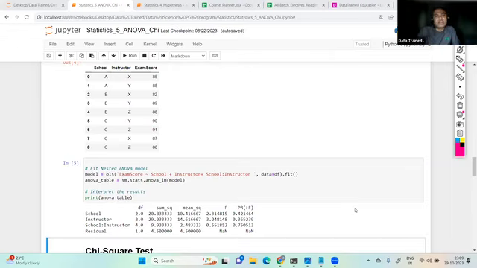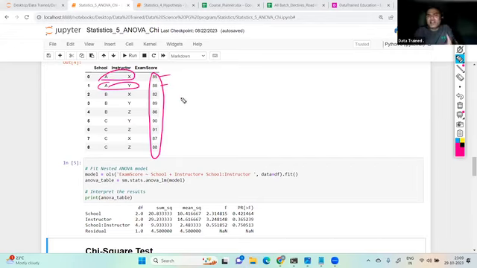In our case, the data is like that. You can clearly see here, all the numbers are very much similar. There is no difference. We have school A instructor X 85, school A instructor Y 88. Not a big difference.